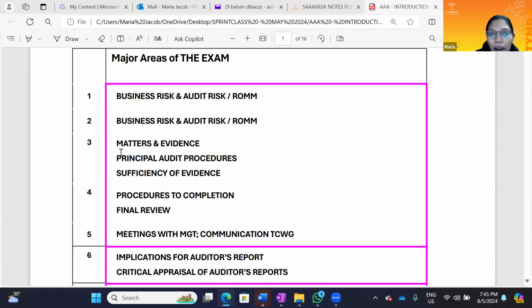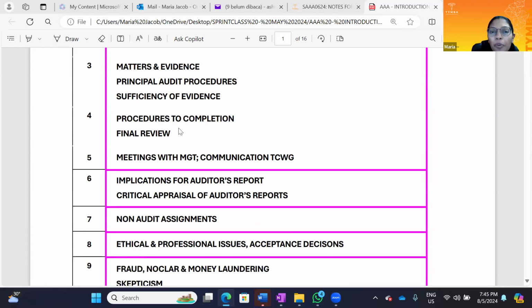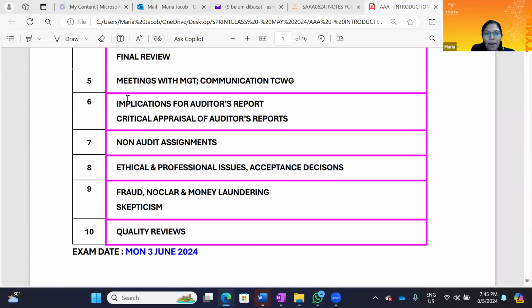Now, third part of your major area for exam will be methods and evidence type of question: principal audit procedures, sufficiency of evidence, procedure to completion, final review, meetings with management, communication with those charged with governance. Part 6 is implication for audit report, critical appraisal of your audit report, non-audit assignment, ethical professional issue, acceptance decision, fraud, NOCLA, money laundering, skepticism, and quality review.